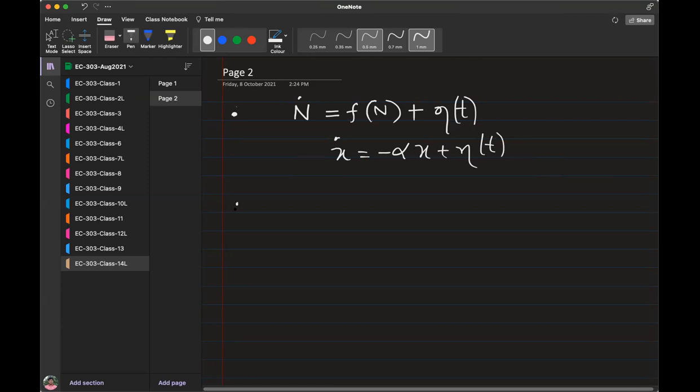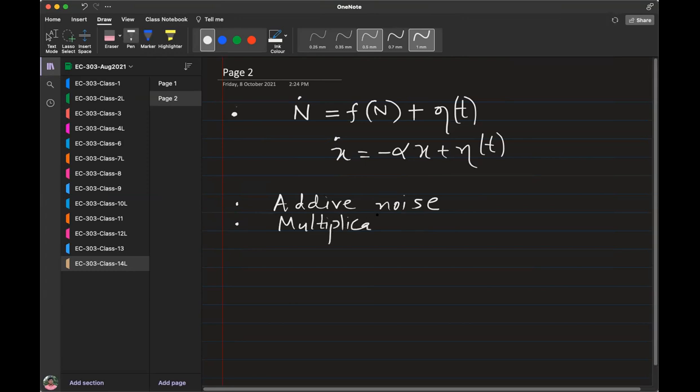Remember that when we introduced stochasticity, we spoke of 2 types of stochasticity: additive noise, and the other one was multiplicative noise. So far, this is what we have focused on.